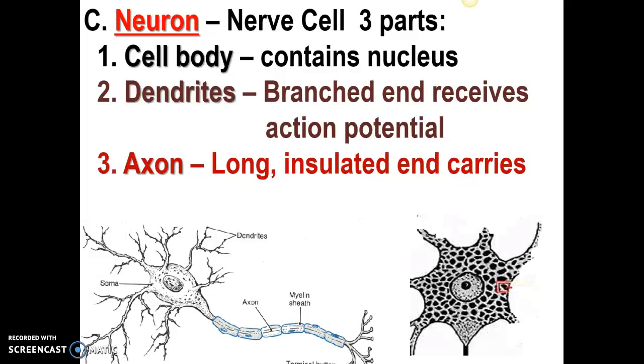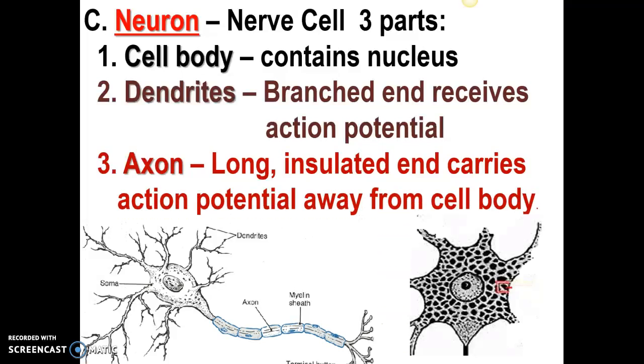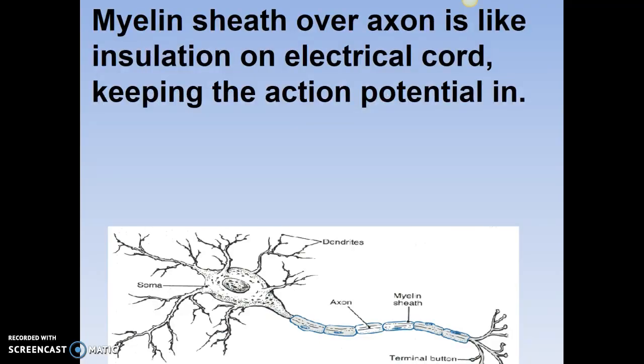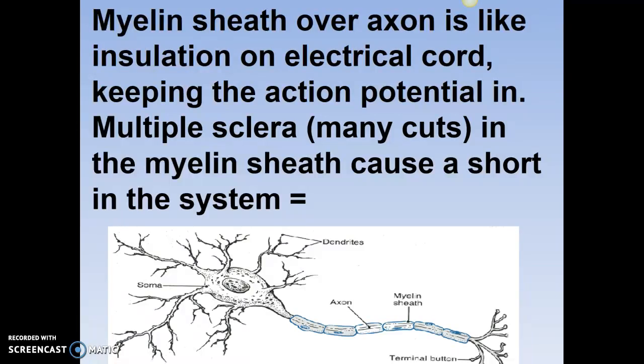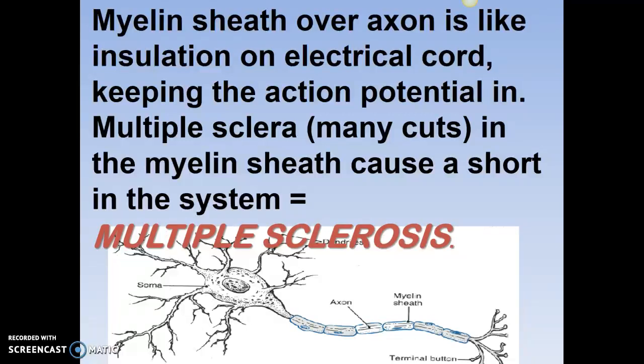So the electrical signal seeps out, and the nerves don't quite make the muscles work like they should. Oh, got ahead of myself. So yeah, multiple sclera, many cuts in the myelin sheath cause what's called multiple sclerosis. Wow, that's big and bold and red. That's good to know.